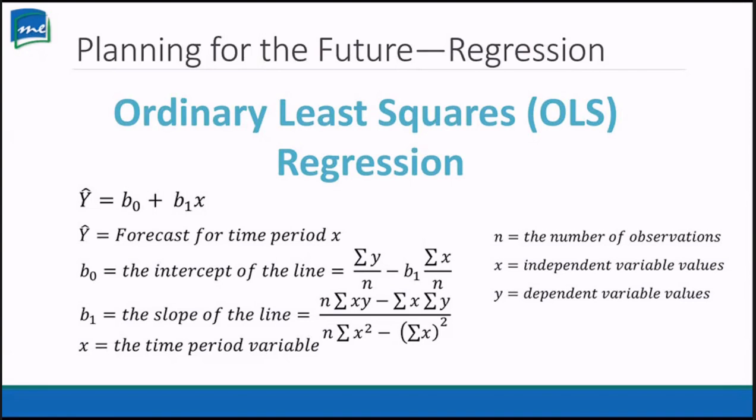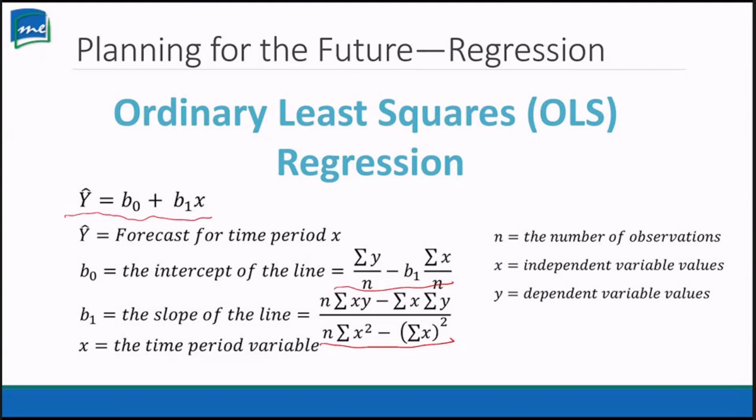The equation of this straight line is represented here: y equals b0 plus b1 times x. The b0 and the b1 are constants we can obtain from these two formulas respectively. b0 is the intercept of this line, and b1 is the slope of the line.